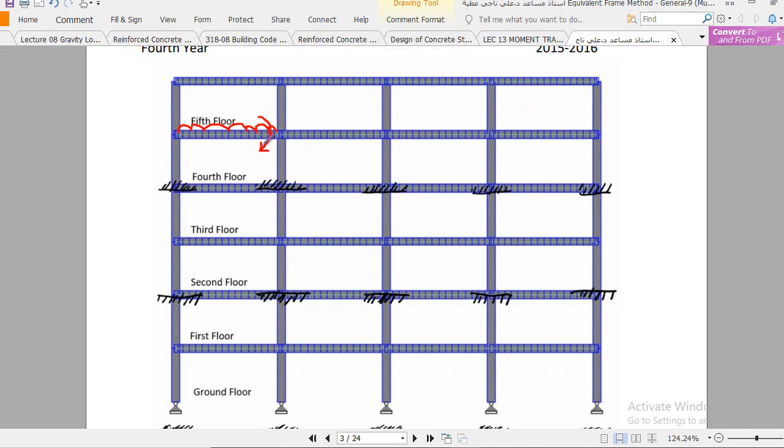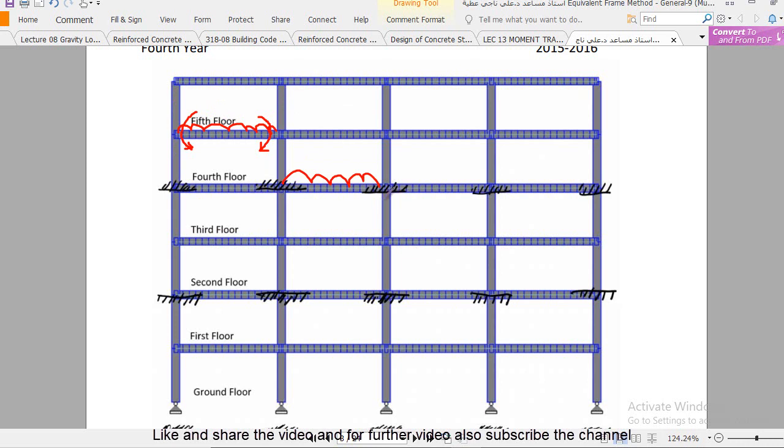Due to this live load there is a fixed end moment, or unbalanced moment, and that unbalanced moment is supported by this interior column. Similarly, this unbalanced moment should be supported by this exterior column. So this is very important. Similarly, if this live load comes here, it will cause unbalanced moment at this column and in this column.